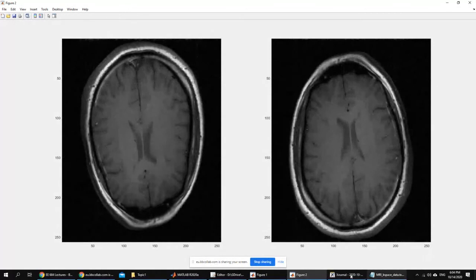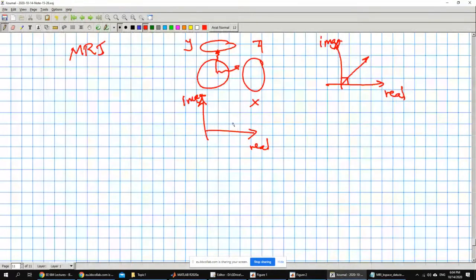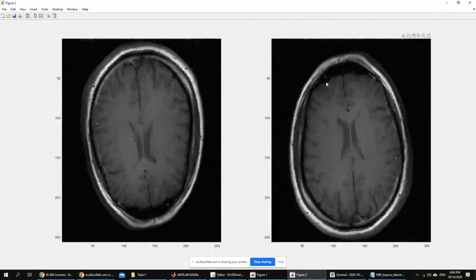Because in this configuration, you assume this as the X coil and this is the Y coil. If you reverse things, then basically you will have the image as if you rotated the image. And it will look something like this. Basically it's as if you rotated this a little bit.